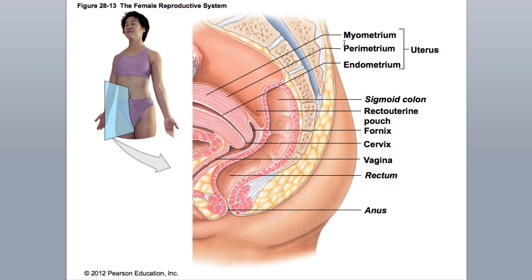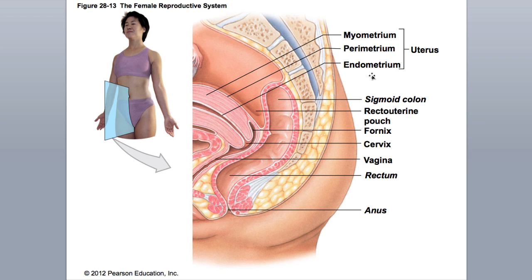Now, in the male portion, I mentioned something in passing, and that was the uterus has a thick muscular lining called the myometrium. That's what's going to squeeze at the time of uterine contractions. Likewise, we have the endometrium, and that is what the fetus is going to live off of.